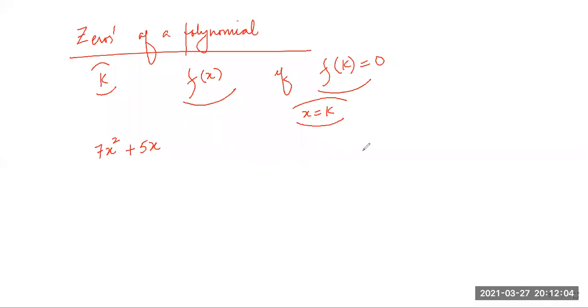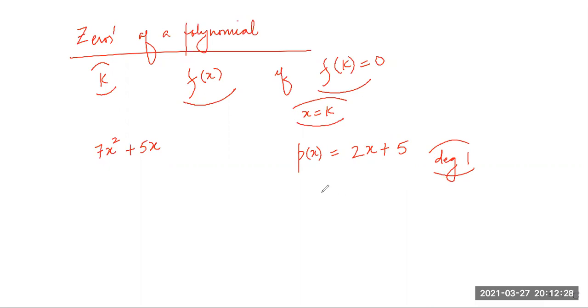On the other hand, let me take a polynomial 2x plus 5. Okay, this is one polynomial. This is a linear polynomial. P of x is equal to this. Now, students, its degree is 1, right? Degree of the linear polynomial is always 1.